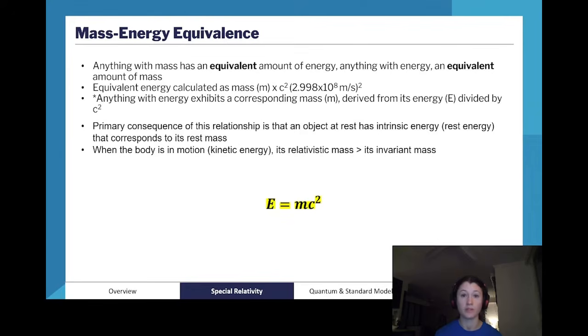When the object is in motion, its relativistic mass is greater than its invariant mass because there is more energy since it's in motion. So this is how we use our mass-energy equivalence. We can also use this formula when we get into quantum theory, but for the moment it helps us determine the relationship between mass and energy.